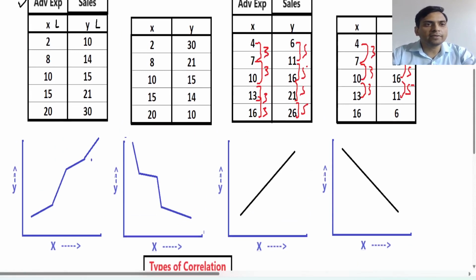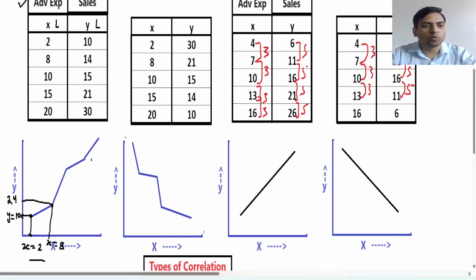So we have this advertisement expense and sales data, two variables, first is X, second is Y. When we draw this type of data on a graph with X axis and Y axis, suppose the first value is 2, so this location is X equal to 2 and corresponding Y is equal to, suppose, 10. This is the first location, X equal to 2, and for the second location suppose X is equal to 8 and Y equals 24.